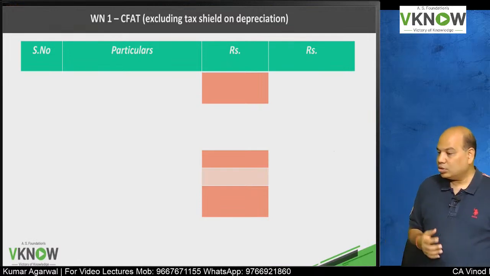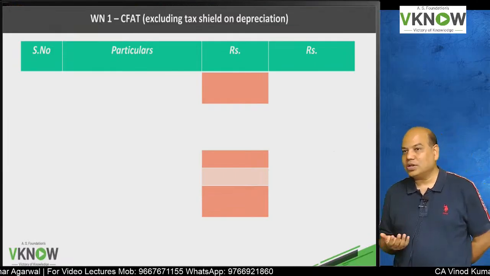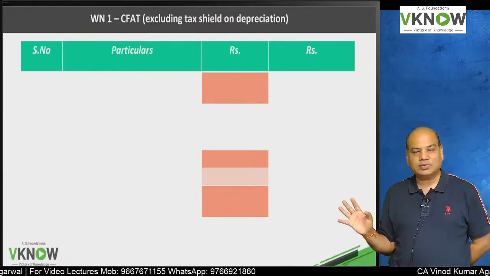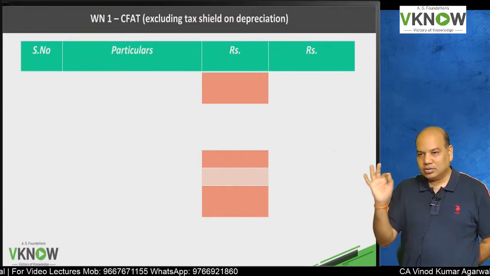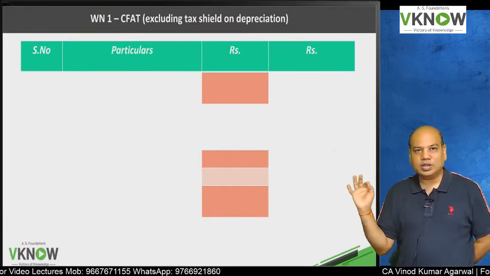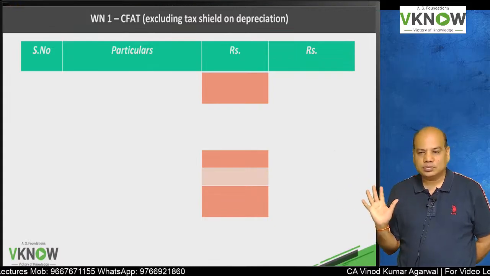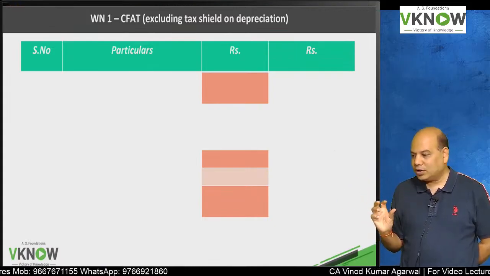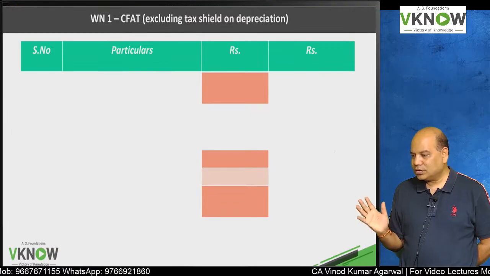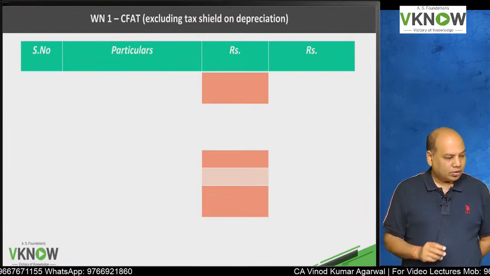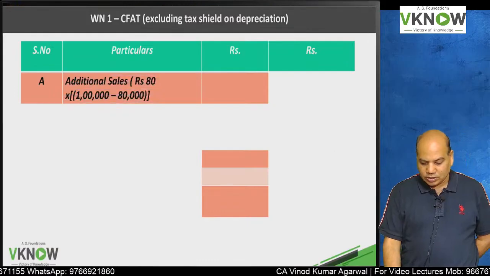What is your answer? Suppose this question comes in the exam and there is no depreciation. Forget depreciation. Sale will increase by 20,000 units. Cost will also change by some amount. Difference minus tax. Okay. So write down the answer.